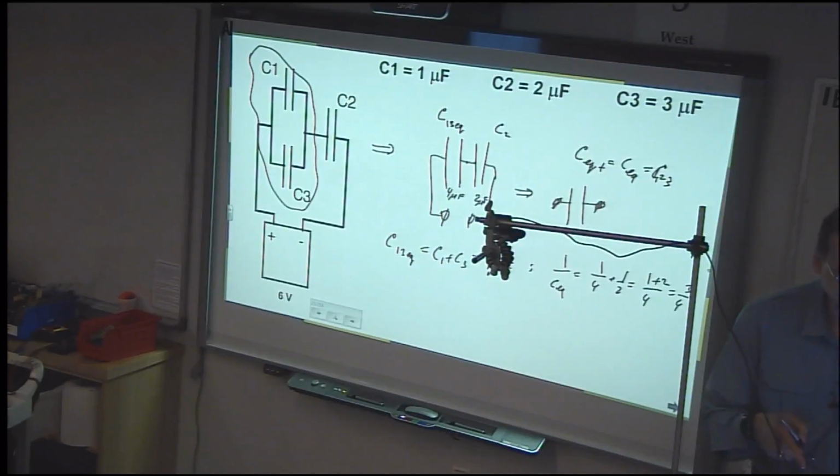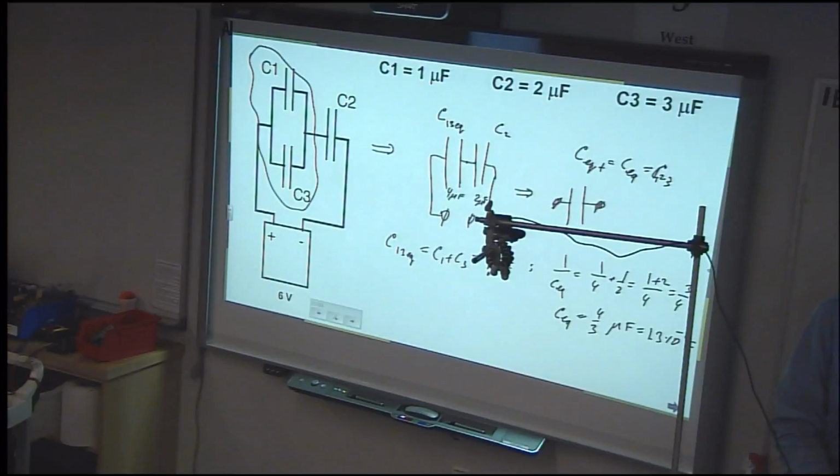But we don't stop here. We have to remember, for capacitors connected in series, we have to flip it. And that gives 4/3 microfarads, or about 1.3 times 10 to the negative 6 farads, if you like decimals. But that's not all we can calculate.